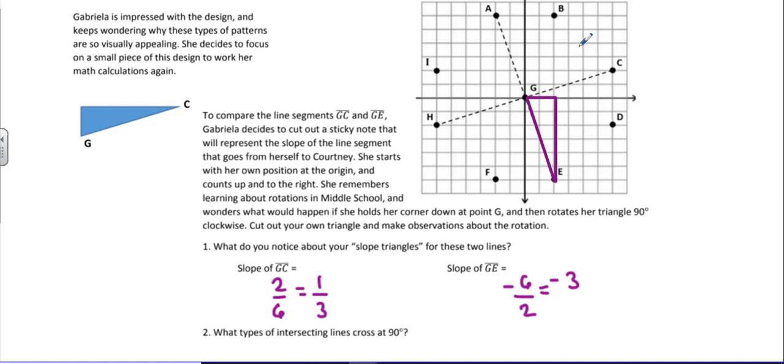Number 2 asks us what type of intersecting lines cross at 90-degree angles, and the answer to that is perpendicular lines. The task continues to ask similar questions for you to find the slopes and compare them, and the same relationship happens. Here we have 1 over 3, and then this one is negative 3 over 1.